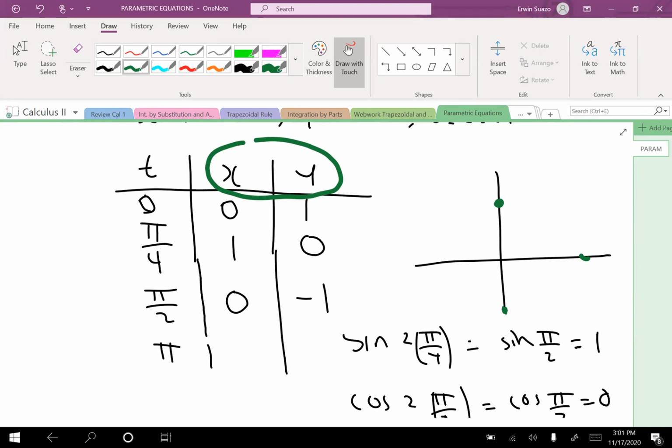Since these are sines and cosines, you might have a doubt, but this is a circle. So try this, you can try pi eighths. Sine of 2 times pi eighths gives you sine of pi fourths. How do we know that? It's square root of 2 over 2, and then cosine will be the same.